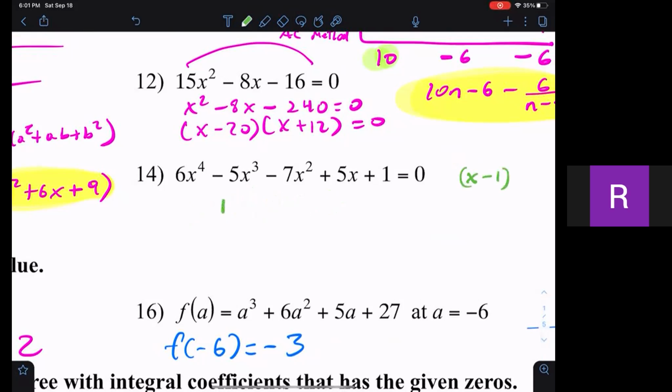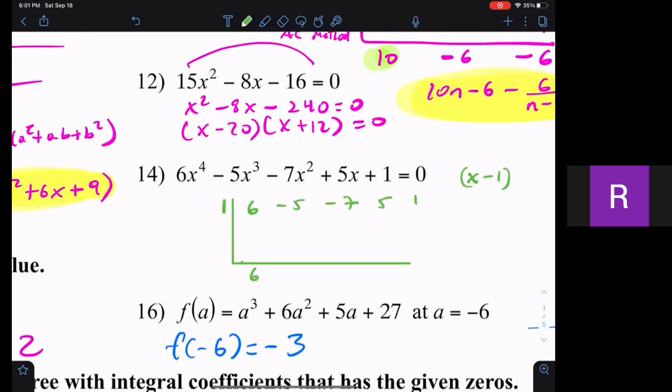So now you can use long division to find the rest. I mean synthetic division, I'm sorry. So now you can do this. So that's going to be 6, negative 5, negative 7, 5, and 1, right? You just drop the 6. It's going to be 6, 1, negative 6, negative 1, 0.